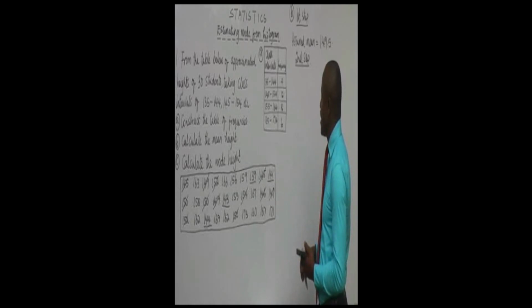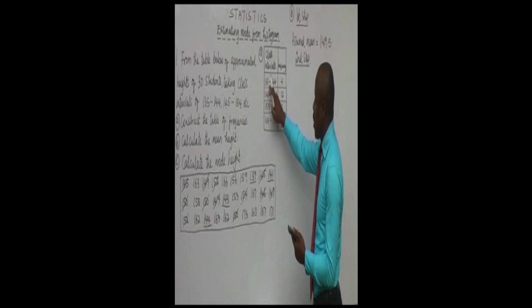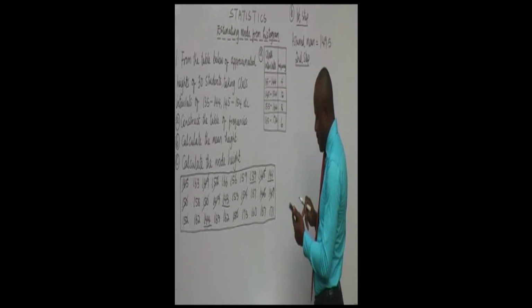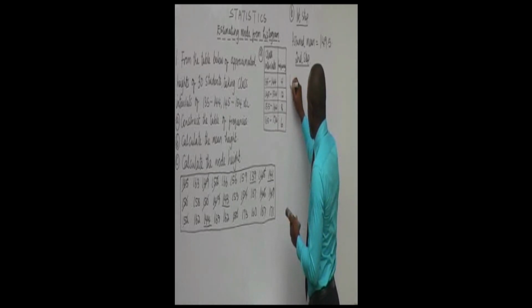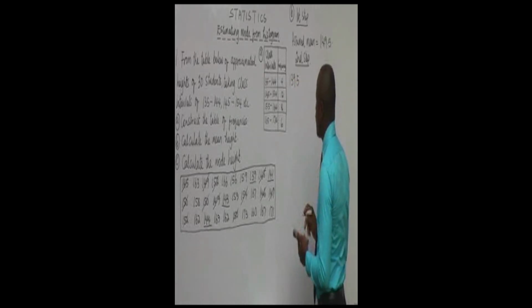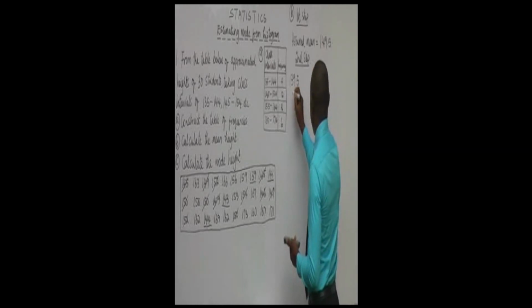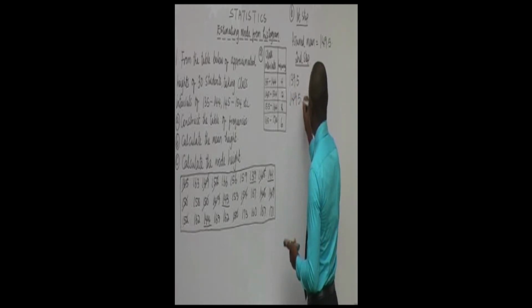That means the first class interval will be represented by 135 plus 144 divided by 2, which is 139.5. The second class interval was where we got our assumed mean, so the mid value will be 149.5.